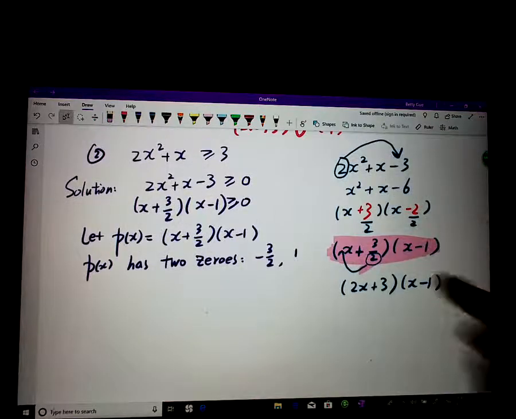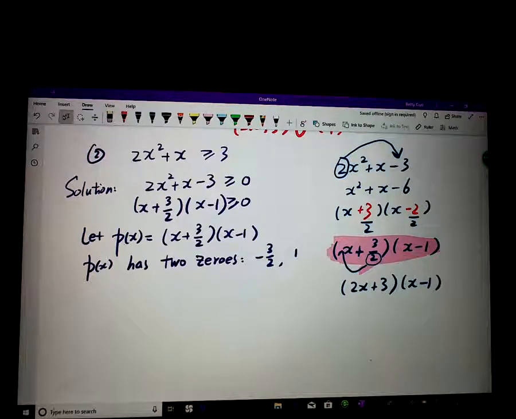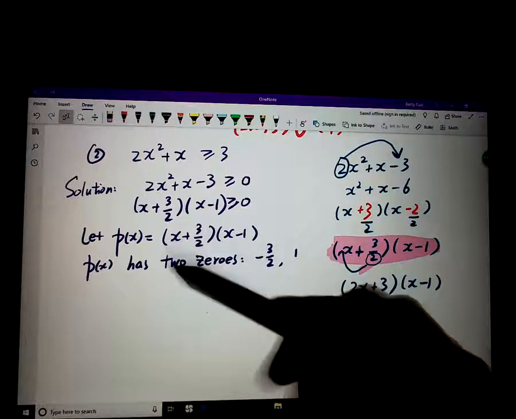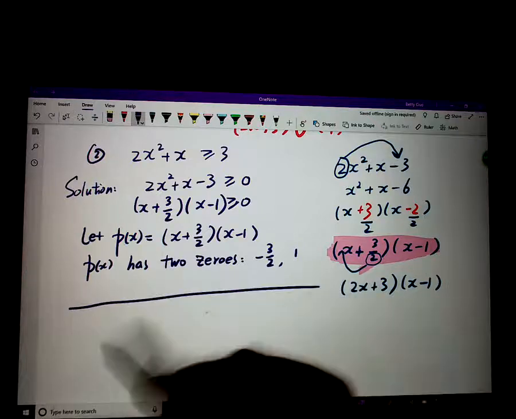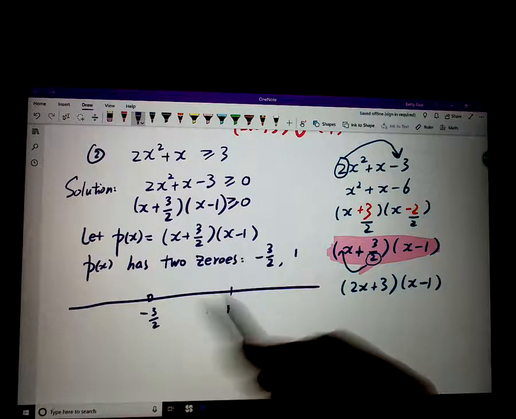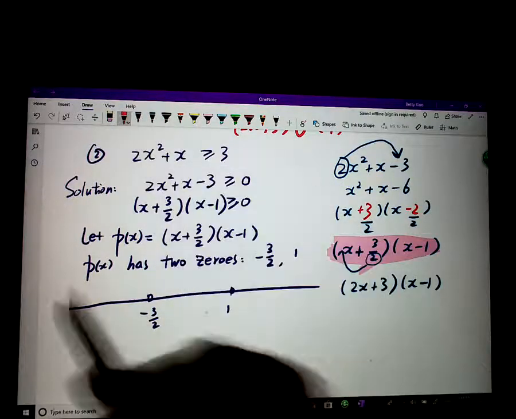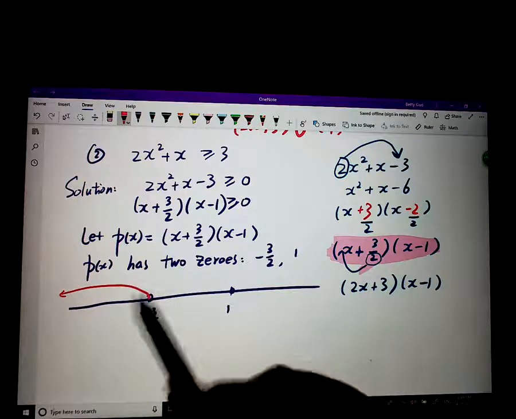The 2 zeros would divide the whole real number line. Why do we consider the whole real number line? Because the domain of the quadratic function is the whole real number line. We'll divide the whole real number line into 3 parts. So this is negative 3 over 2. This is 1. Part 1 is from negative infinity to this number.